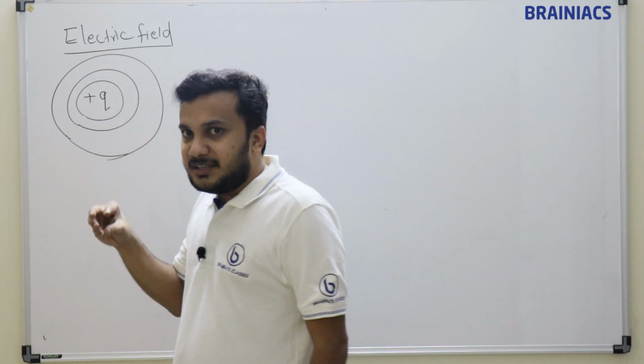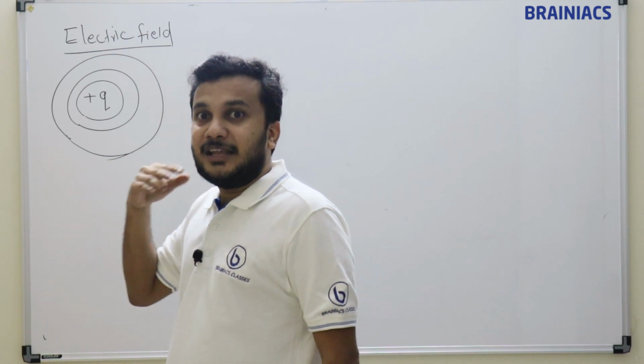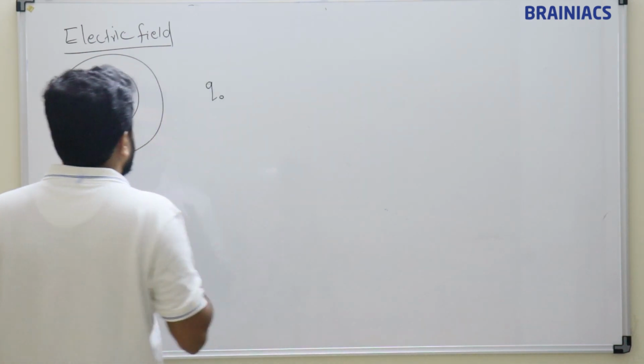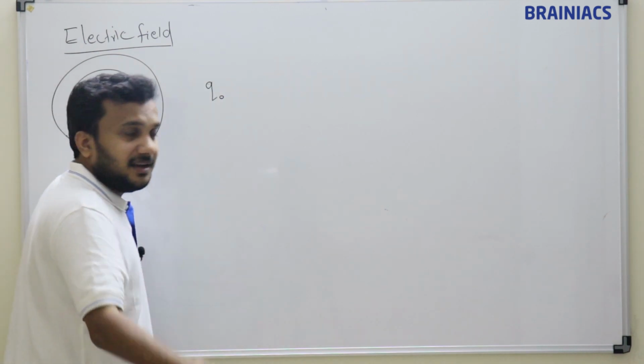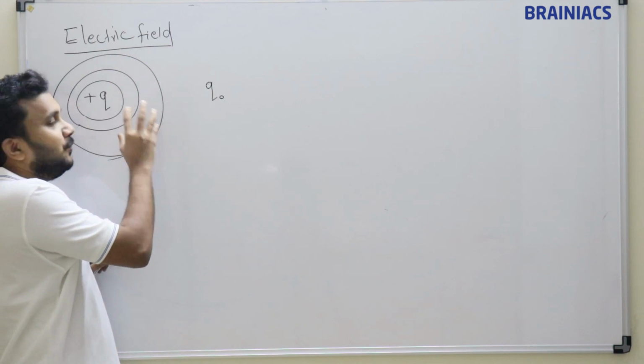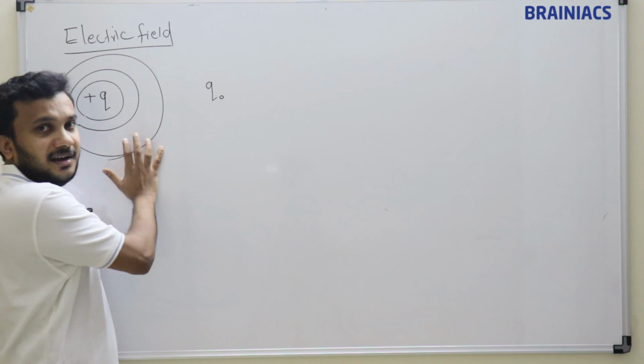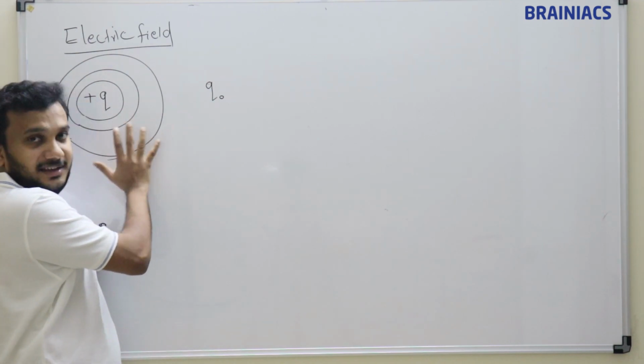This means the plus Q charge will influence other charges. When any other charges come into this area, which is its own area, certain forces are available in this area, and this is called the electric field area.